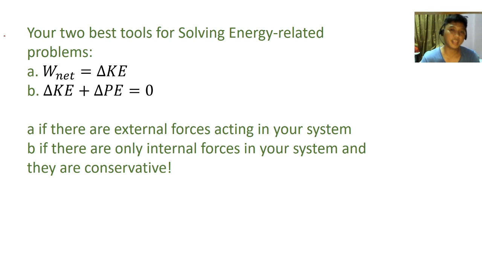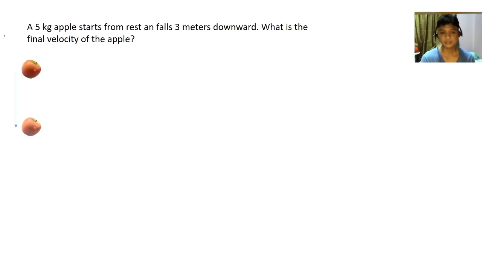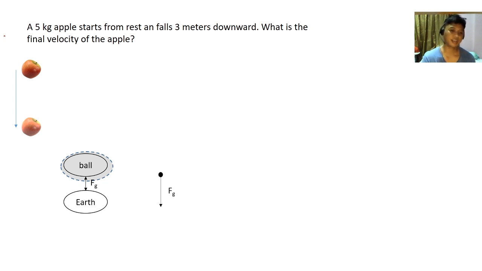It's called work net because it's the sum of all the work done by all the external forces acting on our system. Fortunately, in this problem, there's only one external force, and that is our gravitational force.